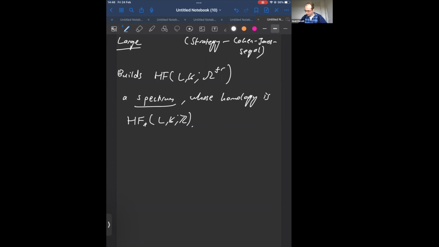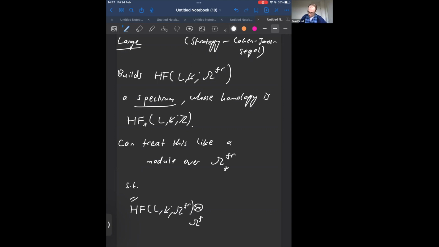So for all of the proofs here, we'll need the fact that we had a spectrum, but for the moment, we can treat this like a DG module, or even just a module, I guess, over the frame bordism ring, so some graded ring, such that roughly the Floer theory of L and K over frame bordism ring tensored over frame bordism ring with Z is the usual Floer theory.